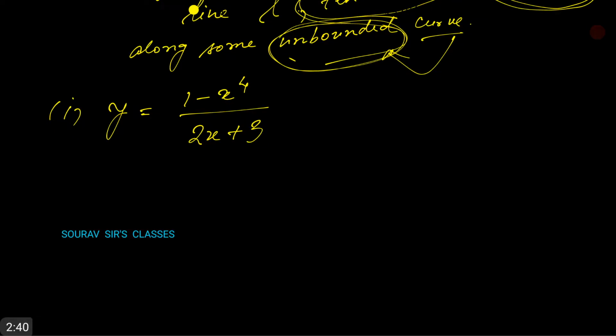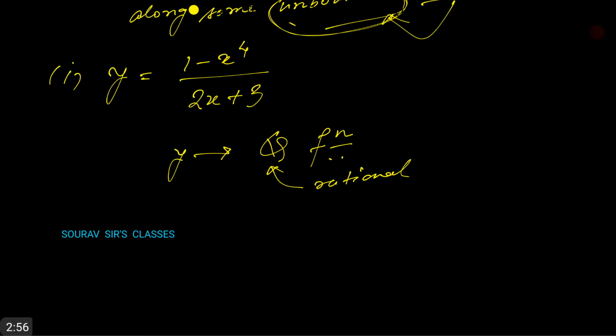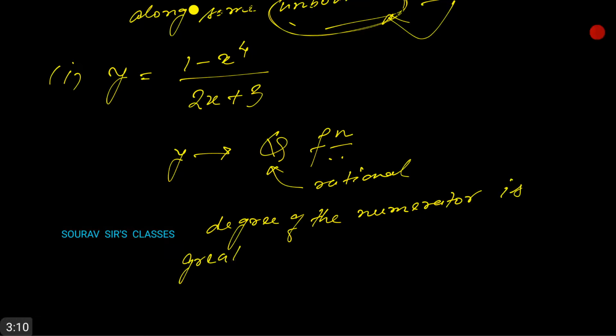Now y is a rational function, where the degree of the numerator is greater than the degree of the denominator.